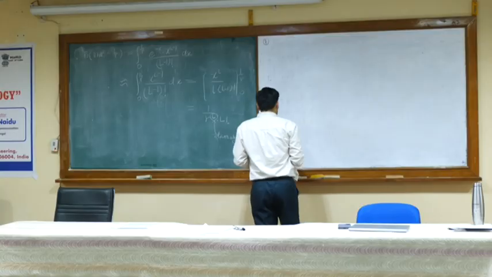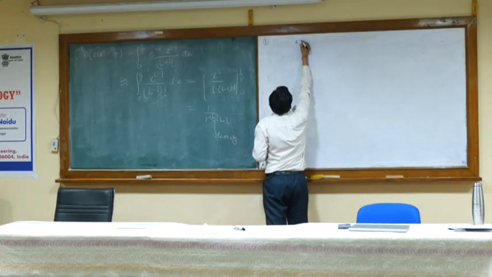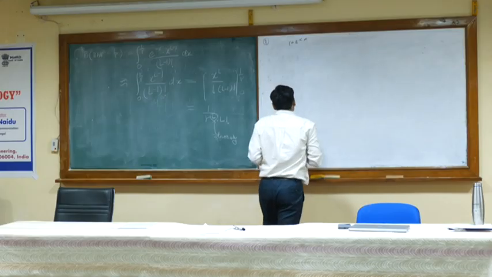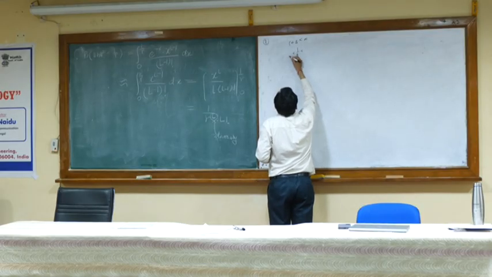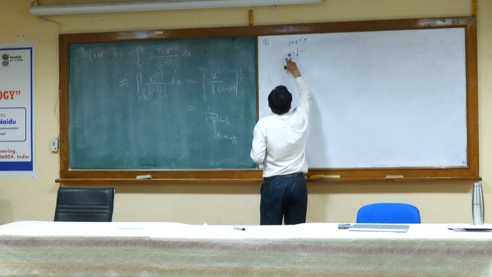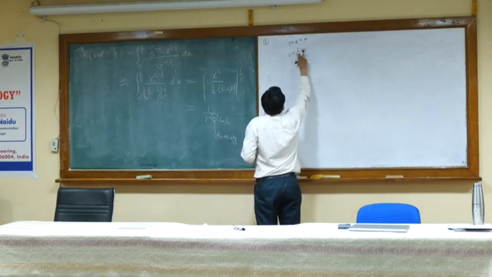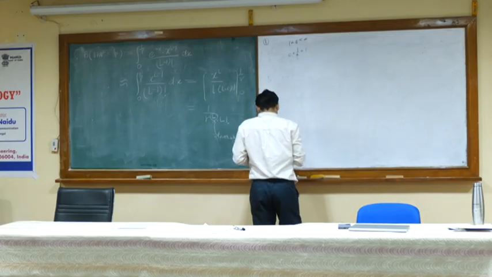So before that, let's say A is between 1 to infinity. Okay. So 1 by A will be between 0 to 1. Right? So 1 by A will be less than 1 and greater than 0.